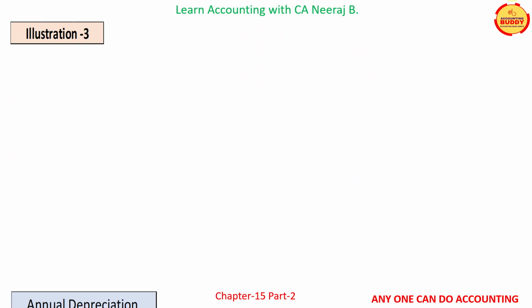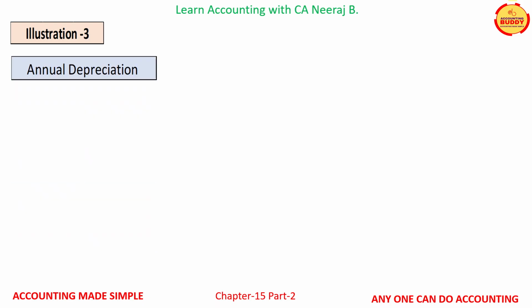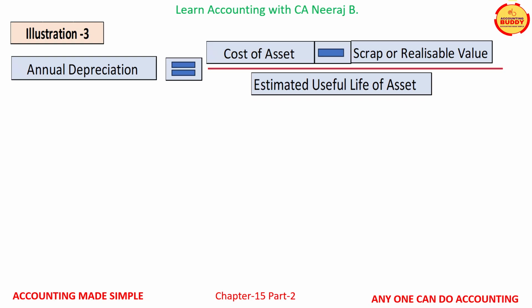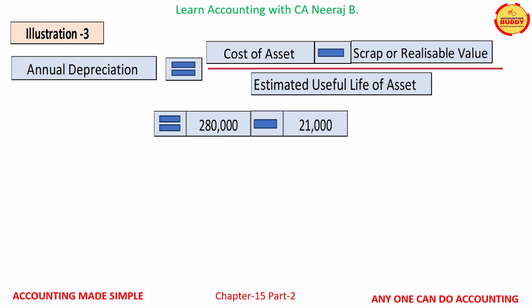Let us now calculate the annual depreciation amount. Annual depreciation amount is calculated when from the cost of the asset we deduct the scrap or the realizable value of the asset at the end of the estimated useful life of the asset and then divide it with the estimated useful life of the asset. In our illustration, the total cost of the asset is $280,000. Scrap value is $21,000.